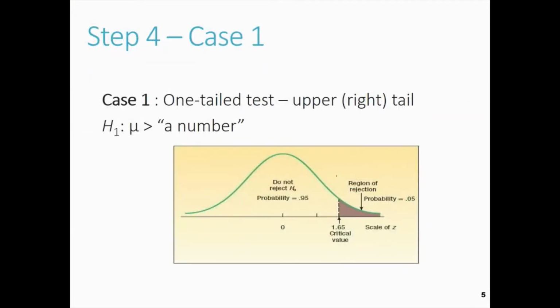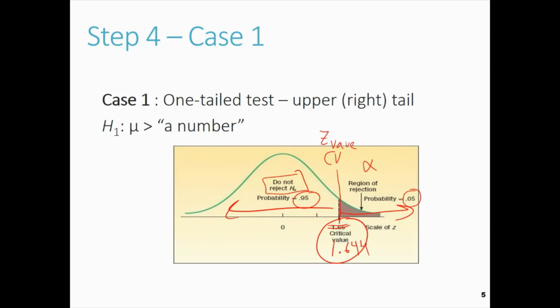We see that this critical value, the Z value that divides the upper region, an alpha of 0.05, from a lower region of 0.95, the lower region being the area where you do not reject the null hypothesis H0, is in our MegaStat 1.64 with many digits.